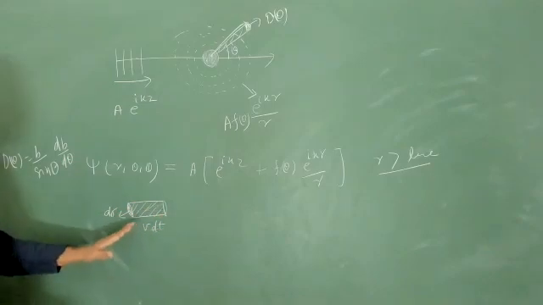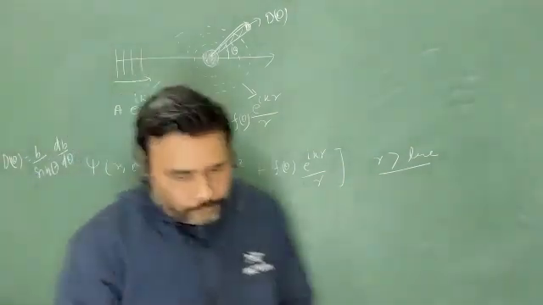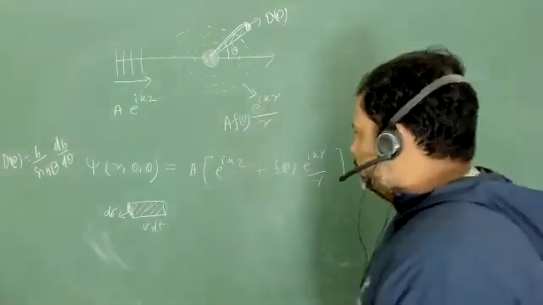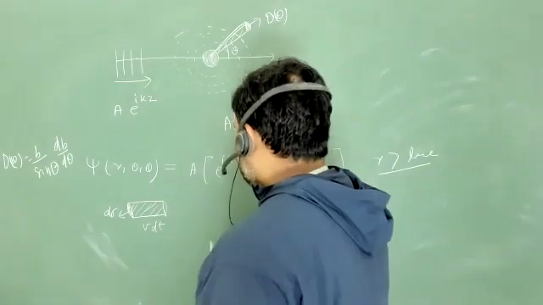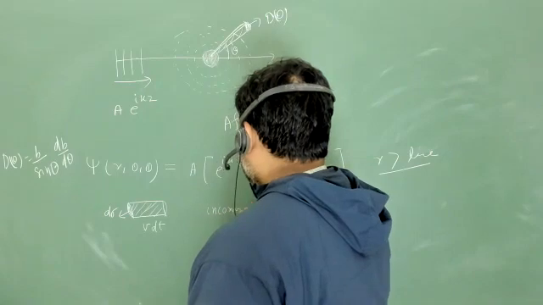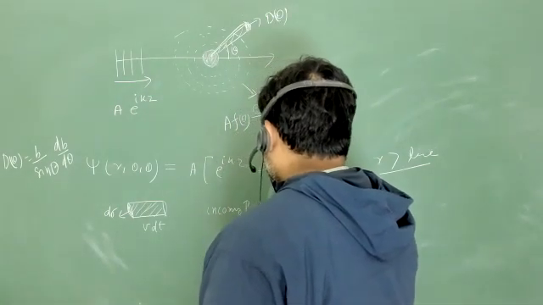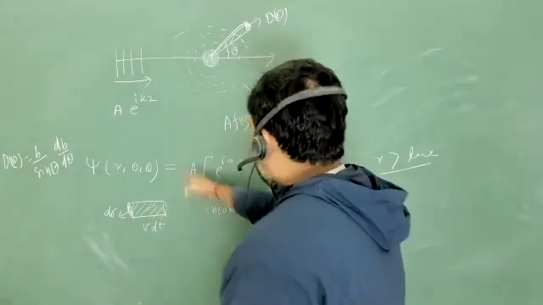Okay, so now what will be your incoming probability? Tell me. What will the incoming probability be? So volume of this element upon total volume, you have to multiply with mod A square.